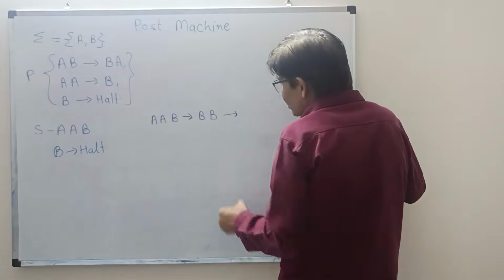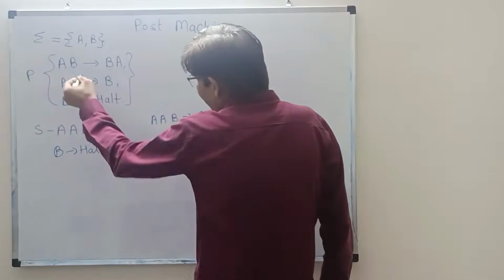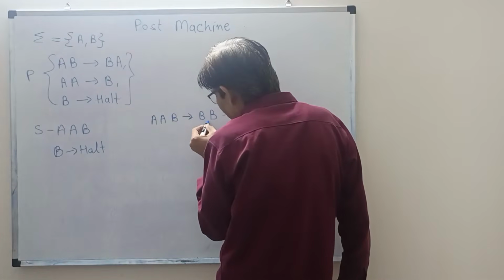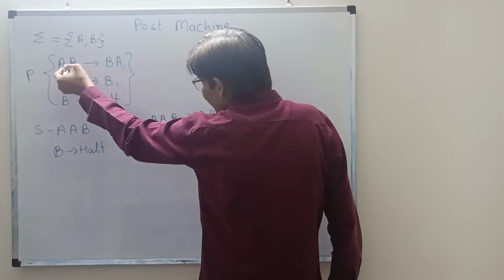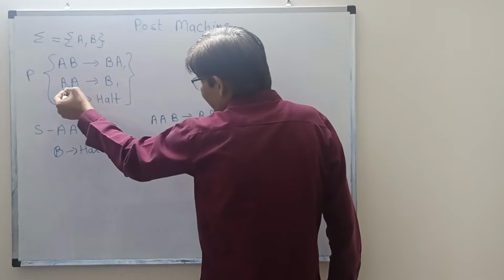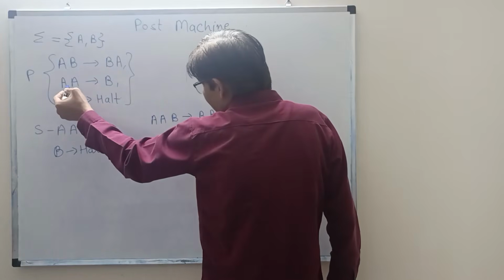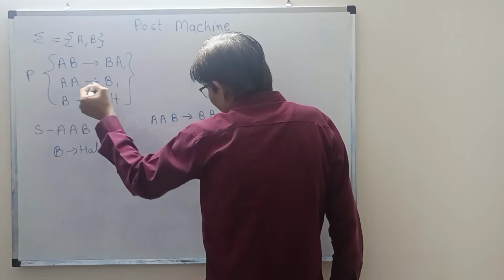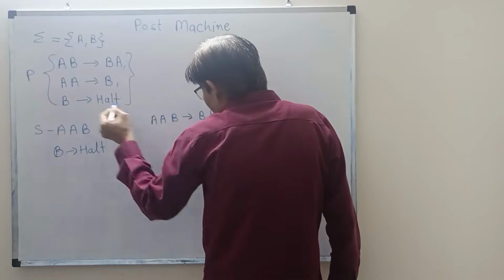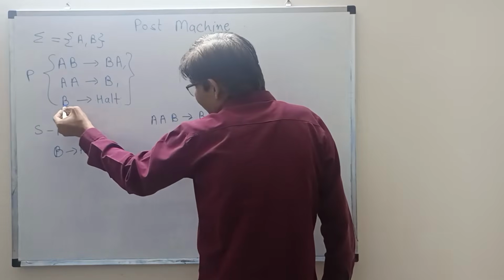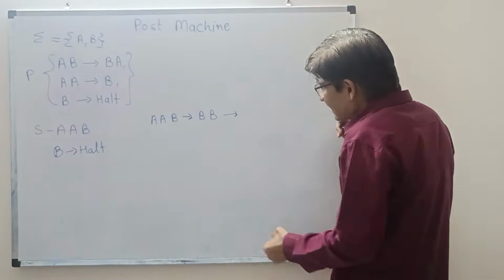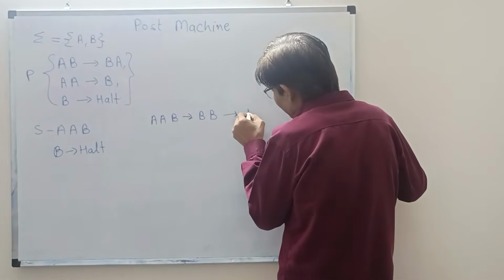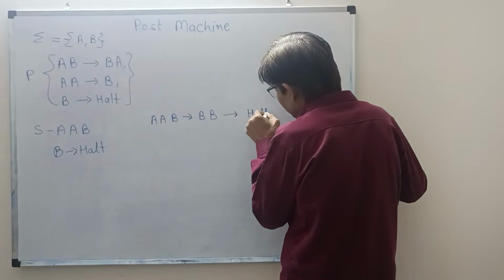Now, as you can see, this is our current string, and it is not matching the left hand side of the first two productions. Now, the first symbol is matching the left hand side of the third production, so I can replace this with halt.